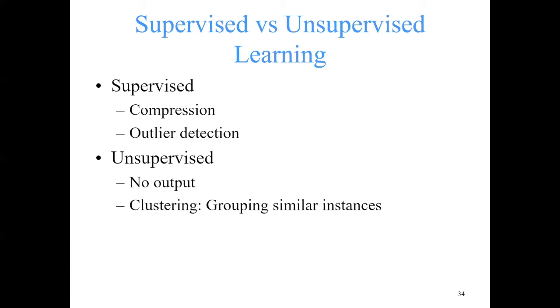You don't necessarily have a Y, which is a quality characteristic that you know of, but instead you just have a lot of X's and you're trying to find patterns within the X's. This involves clustering techniques where you group similar instances. And if you have an instance that is different from the regular instances, then you learn from this new instance.